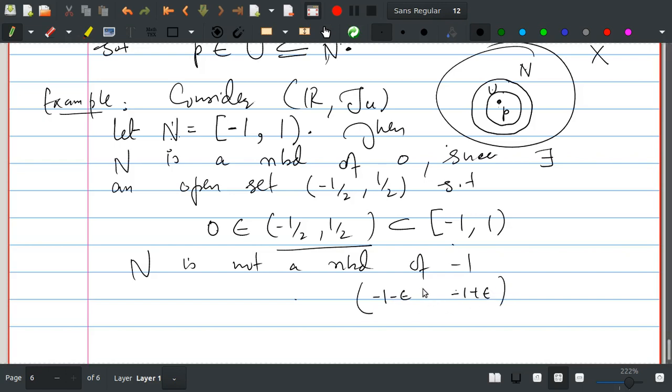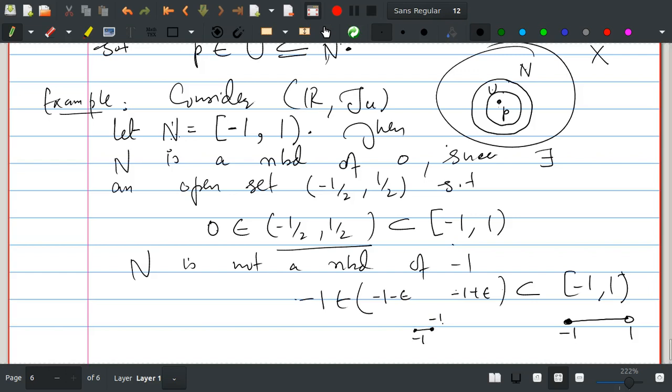So this is an open set which contains -1, but it is not contained in [-1, 1). Geometrically, -1 is included and 1 is excluded. Here we have -1, this is -1 plus epsilon, not included, so we write a circle, and we have -1 minus epsilon.